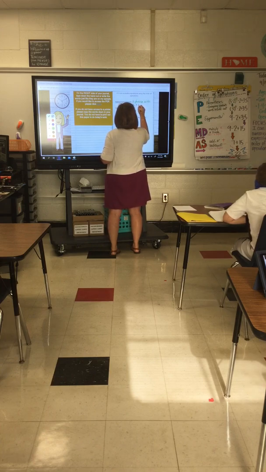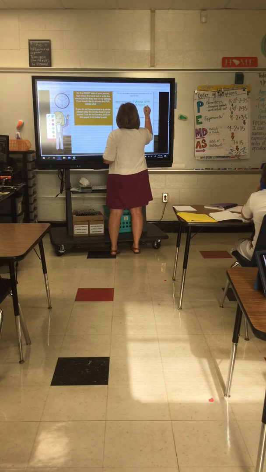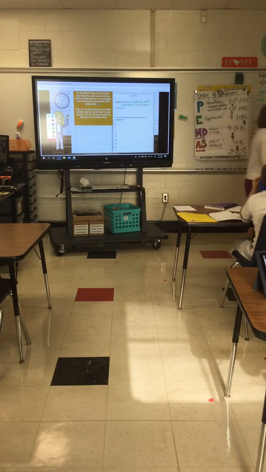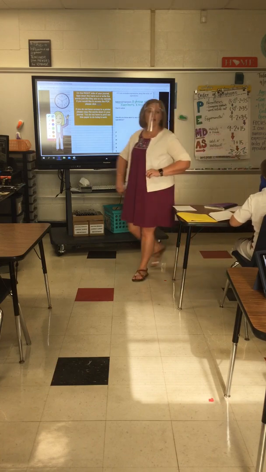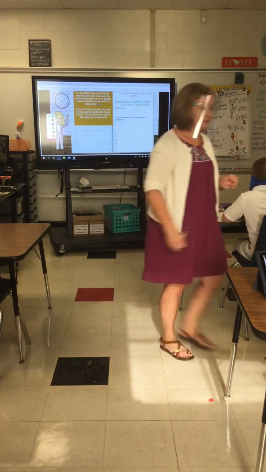Numbers and symbols. Because we might have multiply, divide, add, subtract, exponents, parentheses, all of those things can be included in our numerical expression. So I want you to write that for numerical expression on your paper.